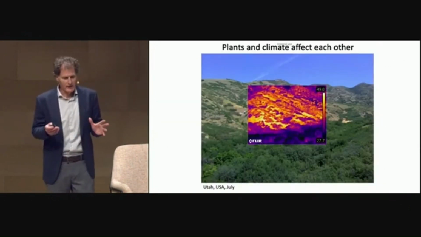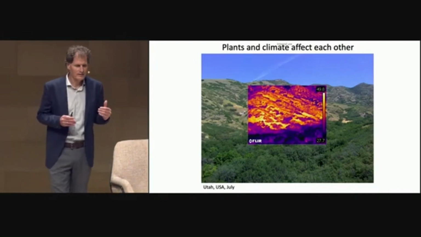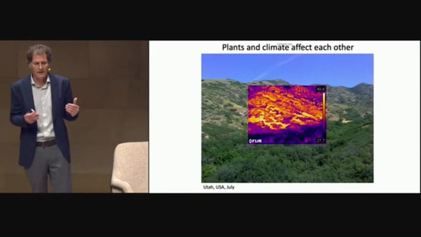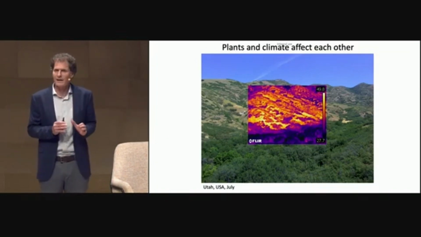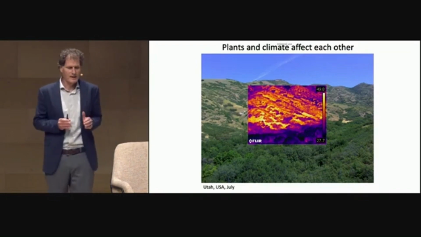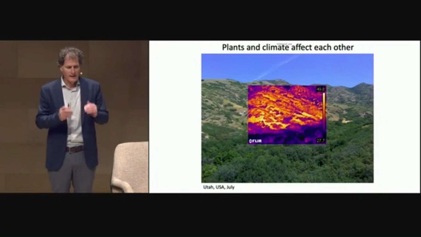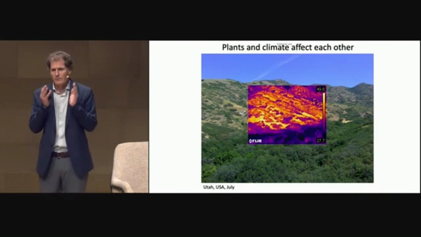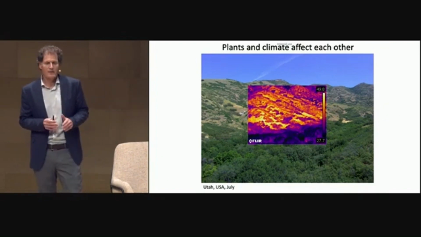Just by way of a little background, plants are very much connected to climate, and indeed plants and climate are very much connected to each other, and this is one way to visualize how profound that connection is. If we look at a landscape through a thermal image camera, you can see the canopies of those oak trees, which have their roots deeply embedded in the rock fissures of the landscape, attached to water.